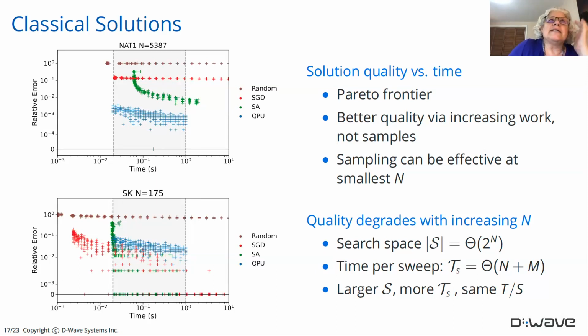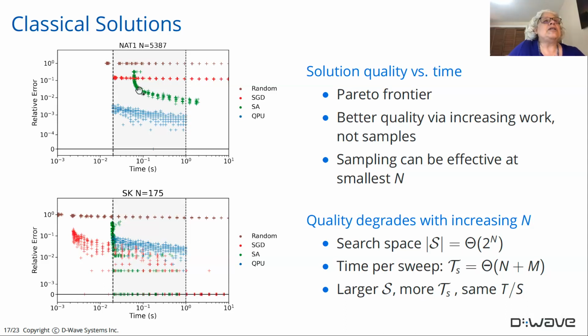We understand why solution quality would degrade with increasing problem size at the same computation times. We go from small problems to big problems, and in the main loop of each solver the search space is getting much, much bigger. The time per sweep is constant here, and yet because the problems are bigger, they're going to need more time for that iteration, proportional to n plus n, pretty much.